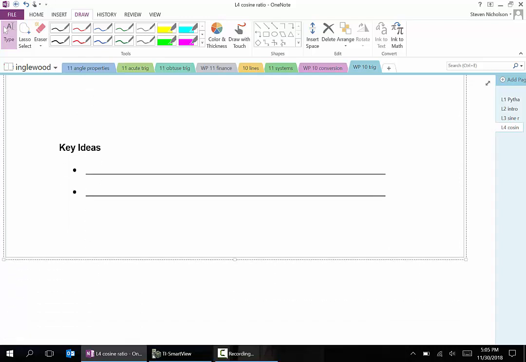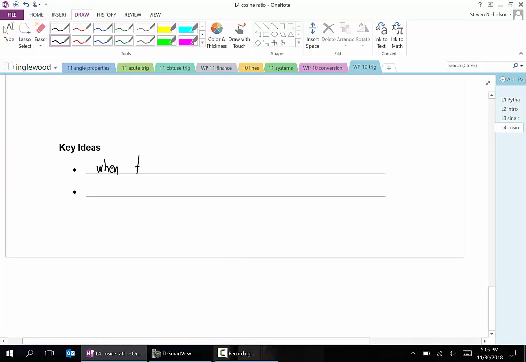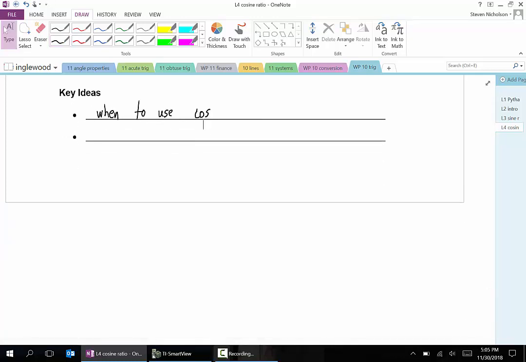So the key ideas today are almost the same as the key ideas from last day. Today, our key idea is I want us to understand when we use the cosine ratio, when we use the cosine formula. And that's when you have adjacent and hypotenuse. And the other thing is we have to know how to solve the three kinds of equations.